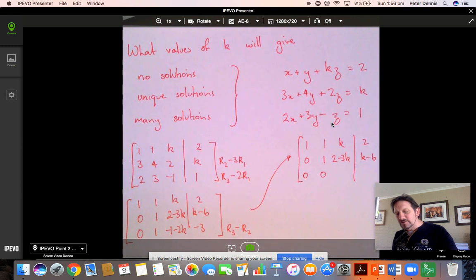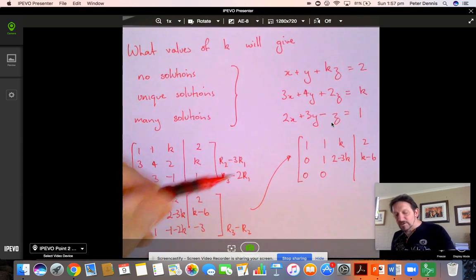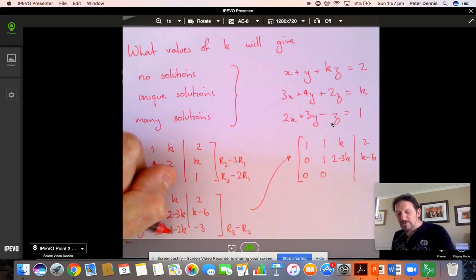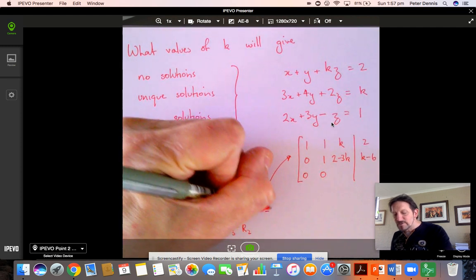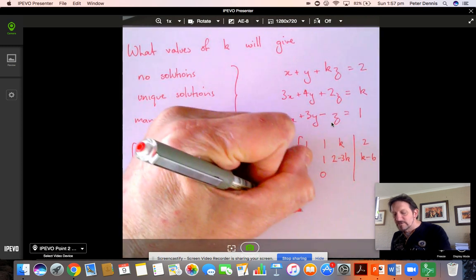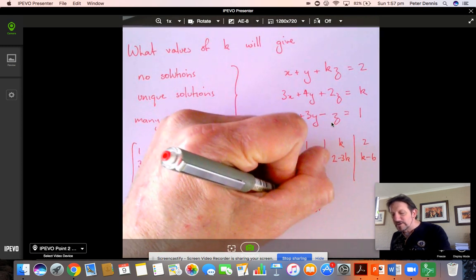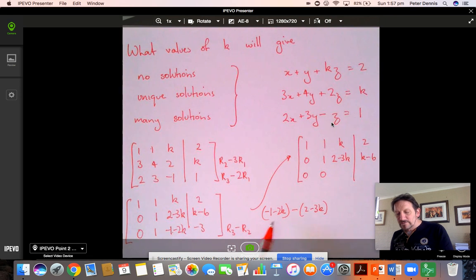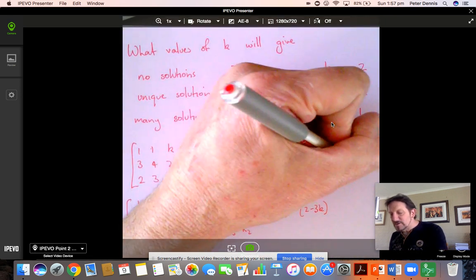Now this, just be a bit careful here. We're going to have R3 minus this. So minus 1 minus 2k, minus 2 minus 3k. So what we're going to get is 1 minus 2 is minus 1.